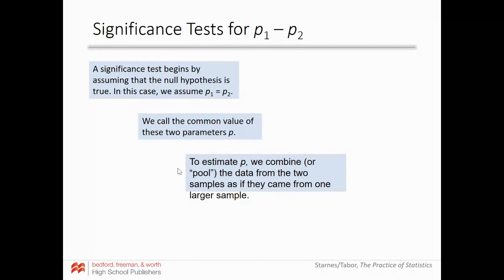And well, kind of the idea here is if we assume that they're true, then there's got to be some kind of link between p1 and p2. So we actually come up with this kind of combined or pooled proportion for p1 and p2. Since we're assuming that they're equal, there's got to be something kind of related to them.